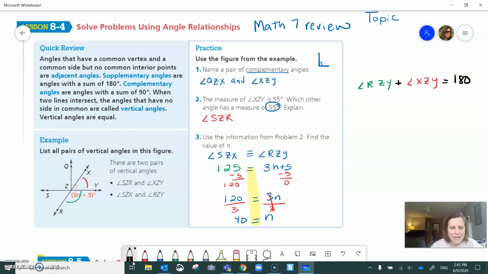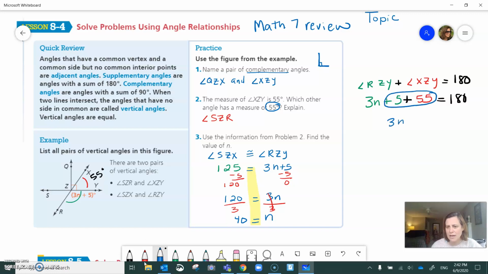We already have been told that this guy is 55 degrees. So XZY is 55. RZY, I don't know how big it is. All they told me was it's 3n plus 5. And I know when I put them all together, I get 180 degrees. I'm just curious to see if we get the same thing. These two, there's no reason for them to not be put together.